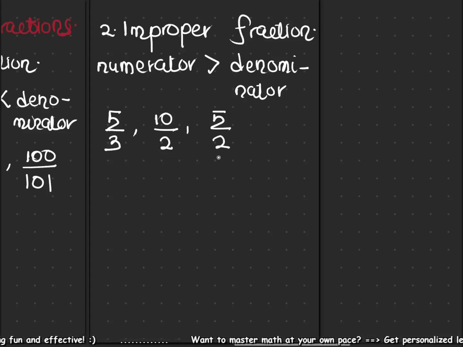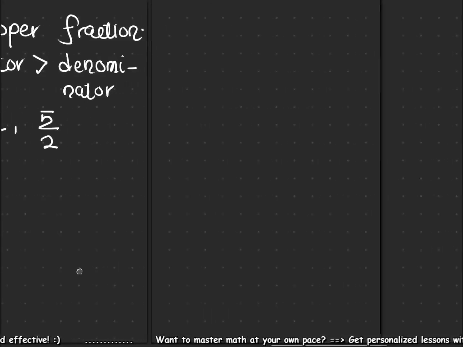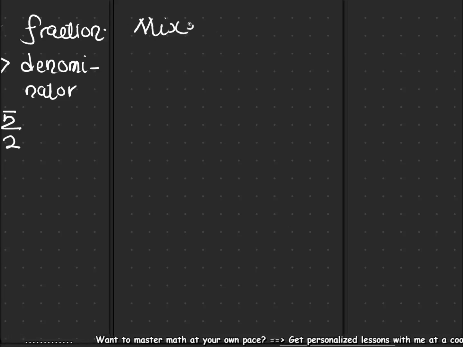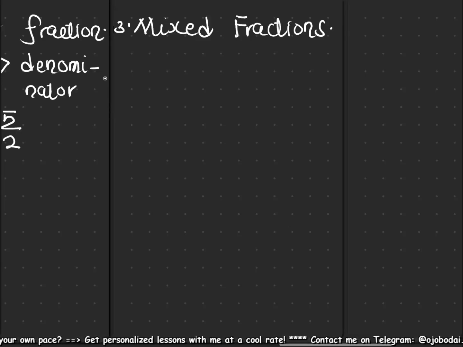Then the last one we'll be looking at is what we call the mixed fractions. So talking of mixed fractions, they are a combination of a whole number and a proper fraction.